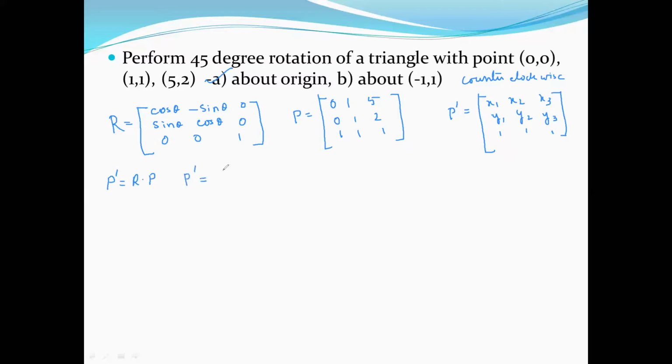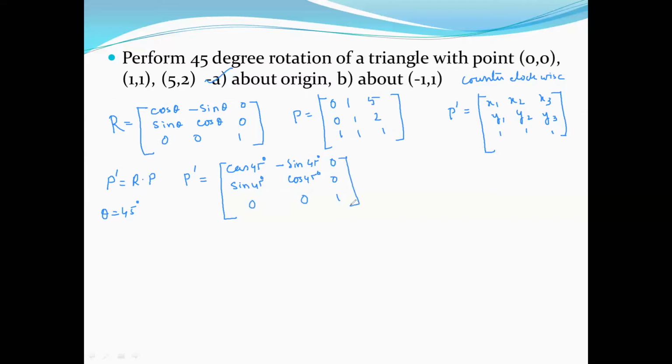Here you can see we want to rotate by 45 degrees, so theta is 45 degrees. We write cos 45 degree, minus sin 45 degree, 0, then sin 45 degree, cos 45 degree, 0, and then 0, 0, 1.